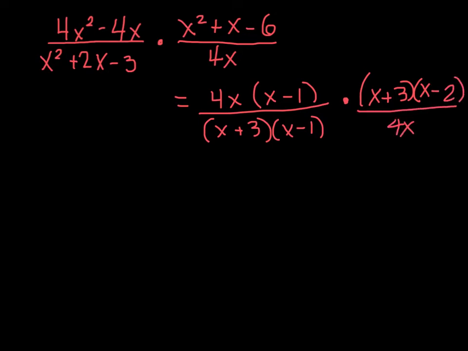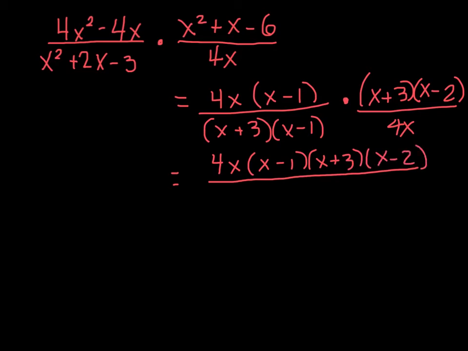Now, if I wanted to, I could multiply the whole top and put all the factors up here. So I have 4x times (x minus 1)(x plus 3)(x minus 2), over (x plus 3)(x minus 1) times 4x. Now I can cancel out common factors.